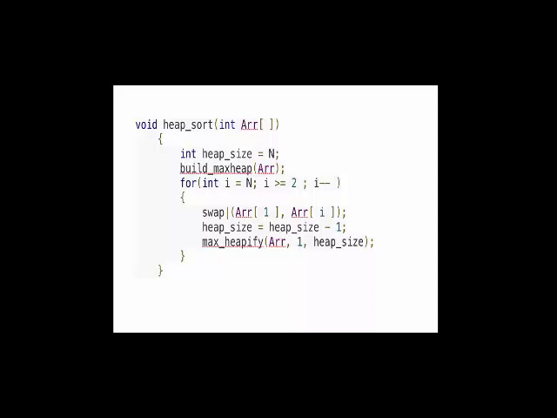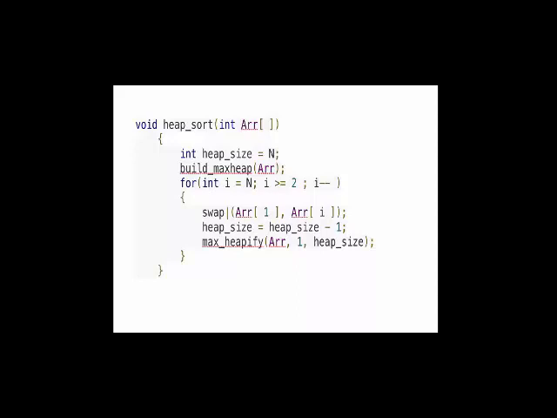The next one is again a function call, max heapify, because you swapped the root node with the last element, and now the heap may not satisfy the max heap property. So you have to reheapify the heap in order to make it satisfy the max heap property.